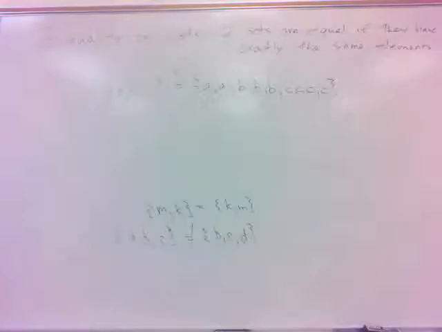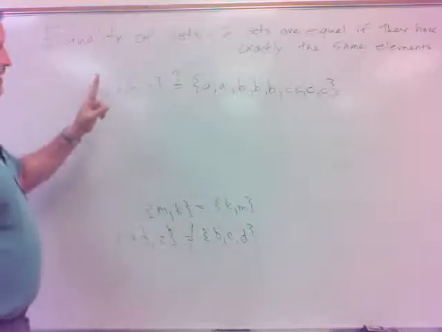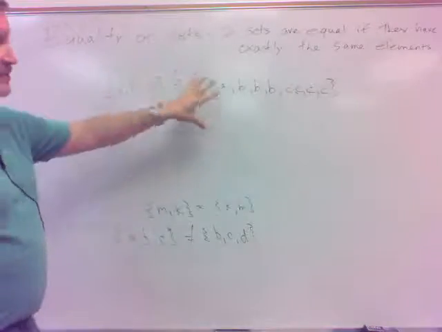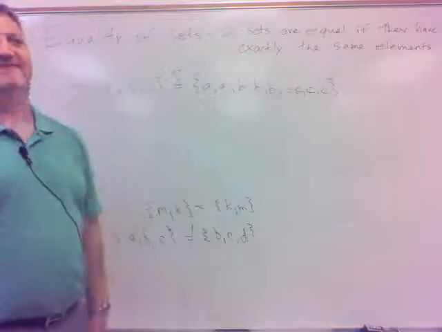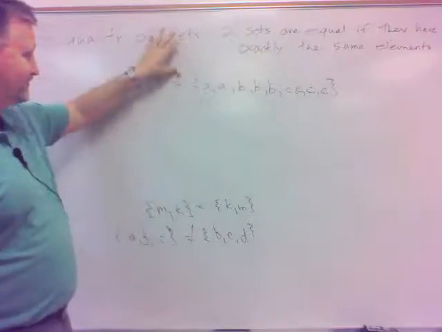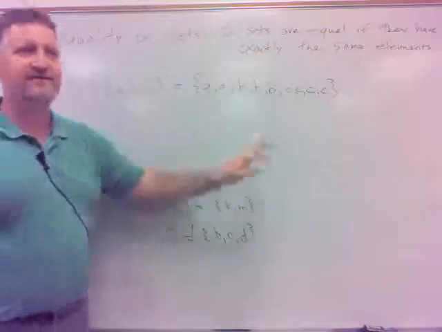Those equal? Well, let's talk about it. What are the elements here? A, B, and C. What are the elements over here? A, B, and C. Do they have the same elements? Yes, they do. This set is equal to this set.